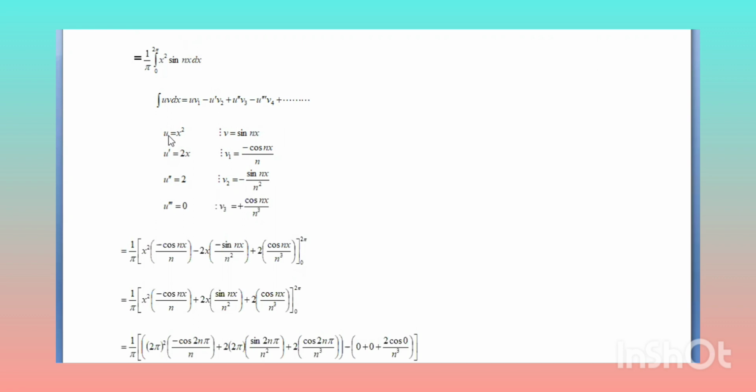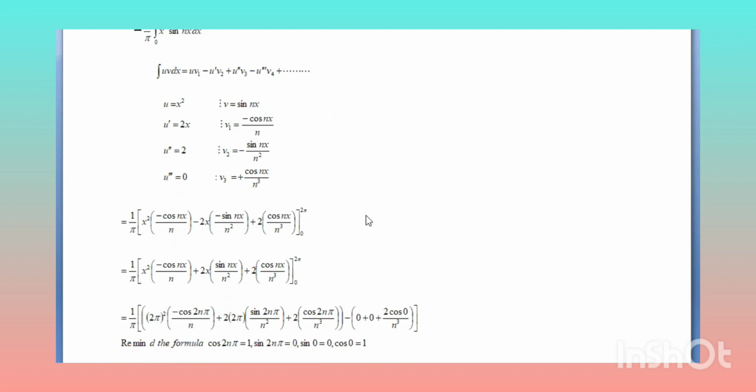U is equal to x square, u dash is equal to 2x if you are differentiating, u double dash 2 if you are differentiating, u triple dash 0 if you are differentiating. V is equal to sin nx, v1 is minus cos nx by n if you are integrating, v2 is minus sin nx by n square, v3 is cos nx divided by n cube.